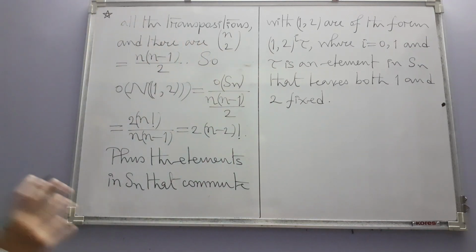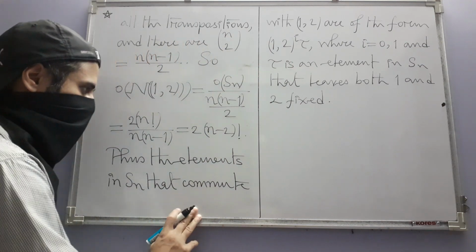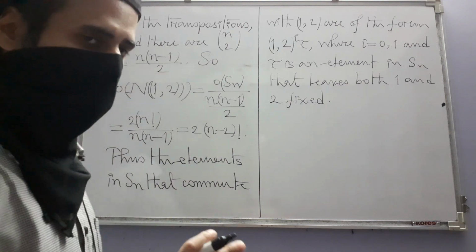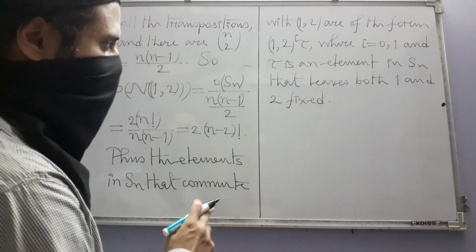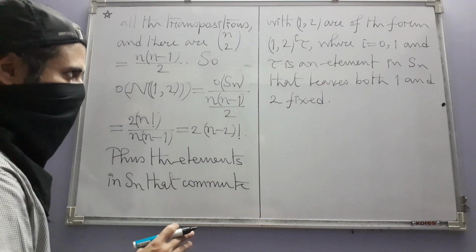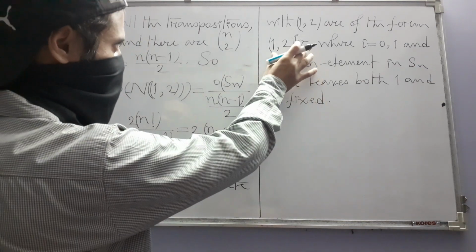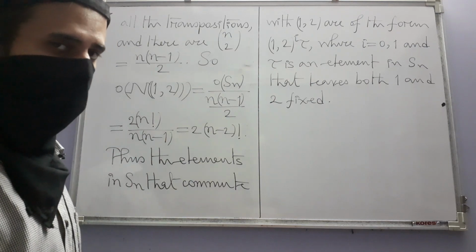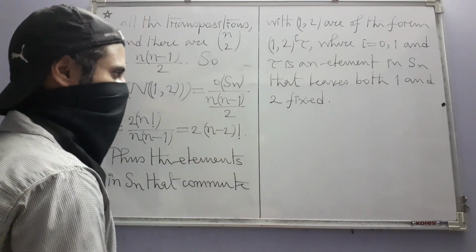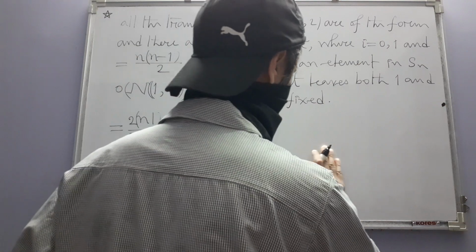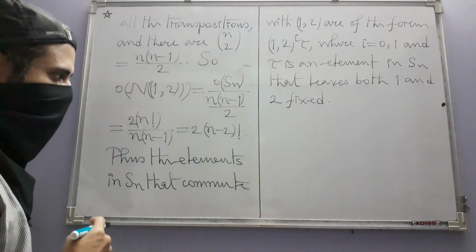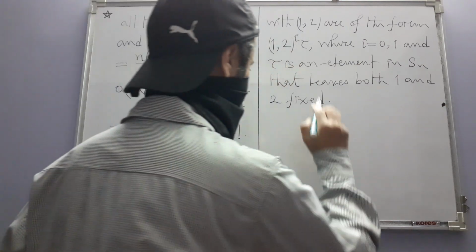So we have not only found how many such elements there are that will commute with (1 2), but in fact we have found the general form of the elements themselves. So that is one thing, and a similar thing can be done for an n cycle in Sn.